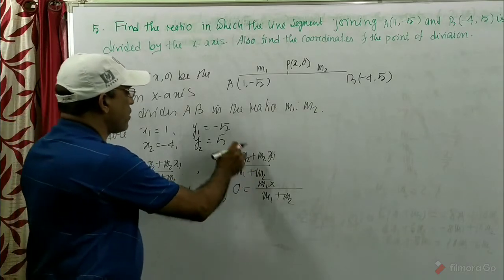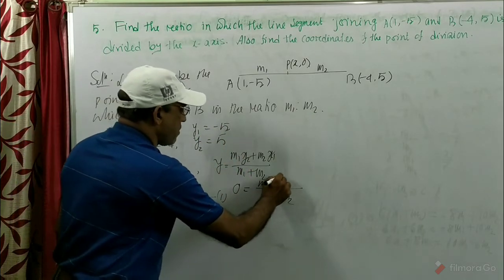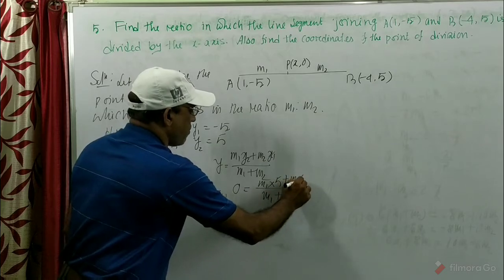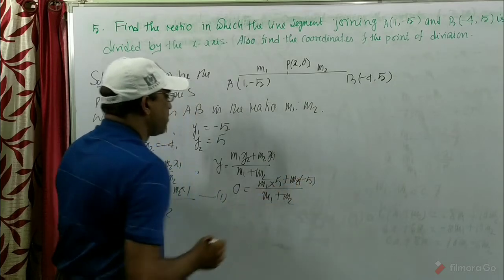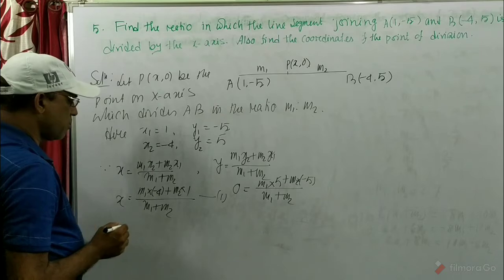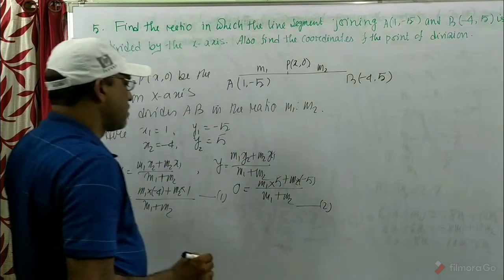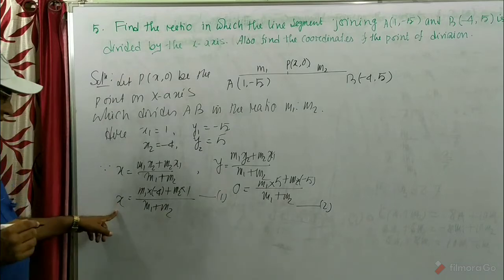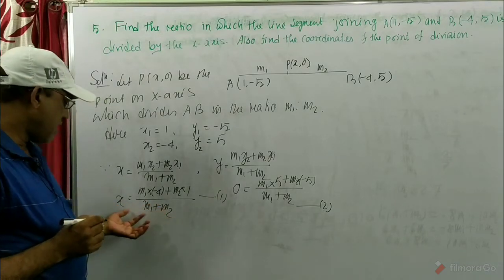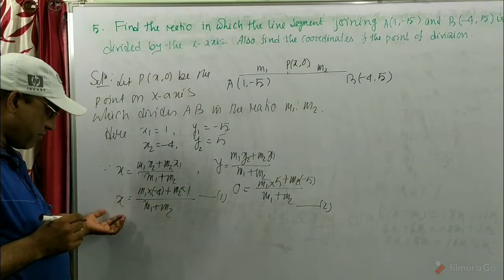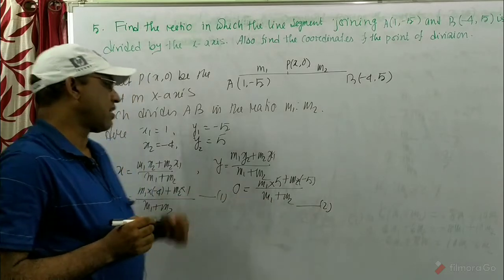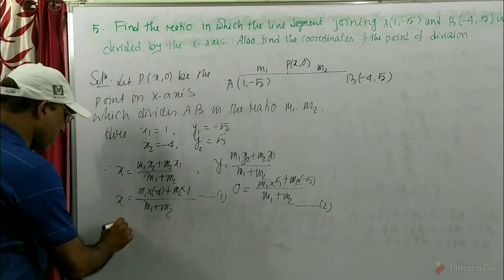So m1 y2 is 5 plus m2 y1 means minus 5. This is number 2 we consider. Now the left hand side is y, and this one remains the same.